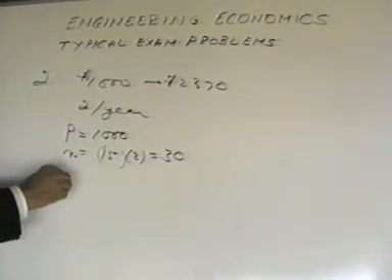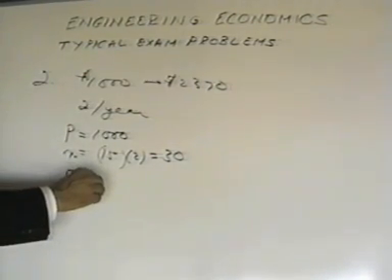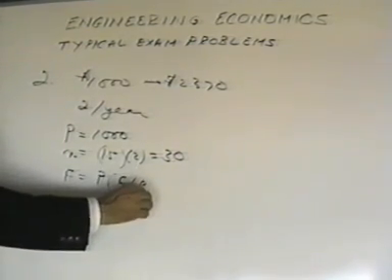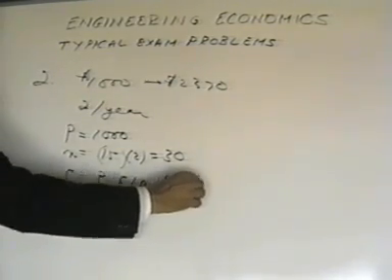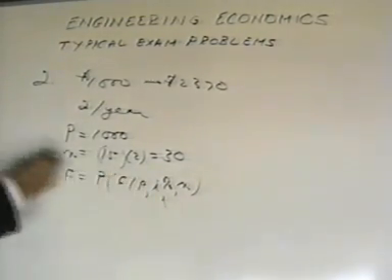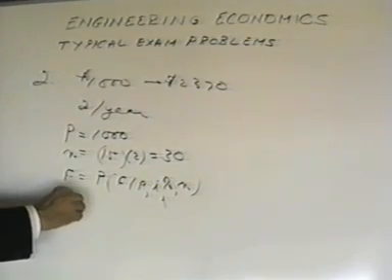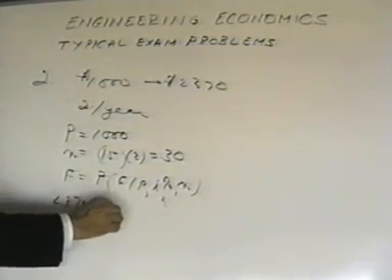And so we can get the future value by taking the value of P and multiplying by F/P, I%, N. Now the unknown in this problem is I. We don't know what the interest rate is. Now this is 2370, the value of F. The value of P is 1,000.